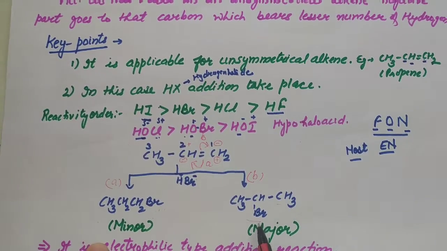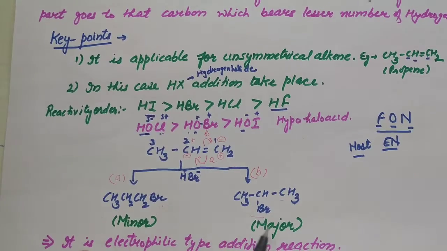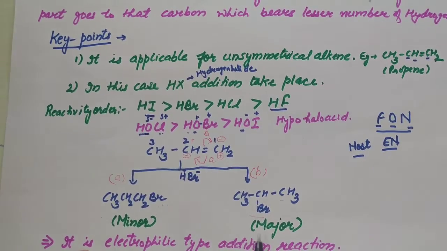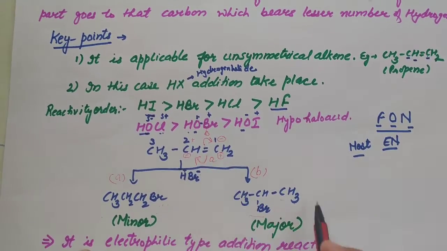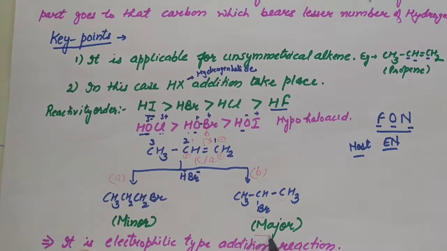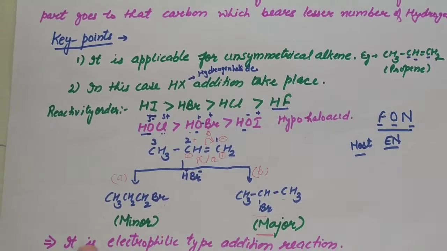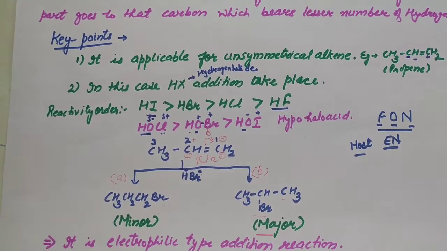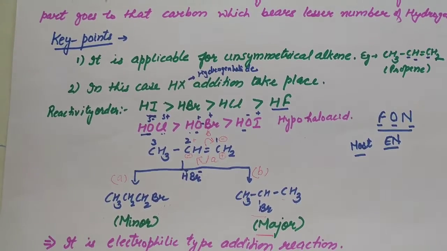So this one. But the followed path is that of B, in which B is the major product according to Markovnikov rule. This rule will be very clear to you by doing the mechanism of Markovnikov rule.